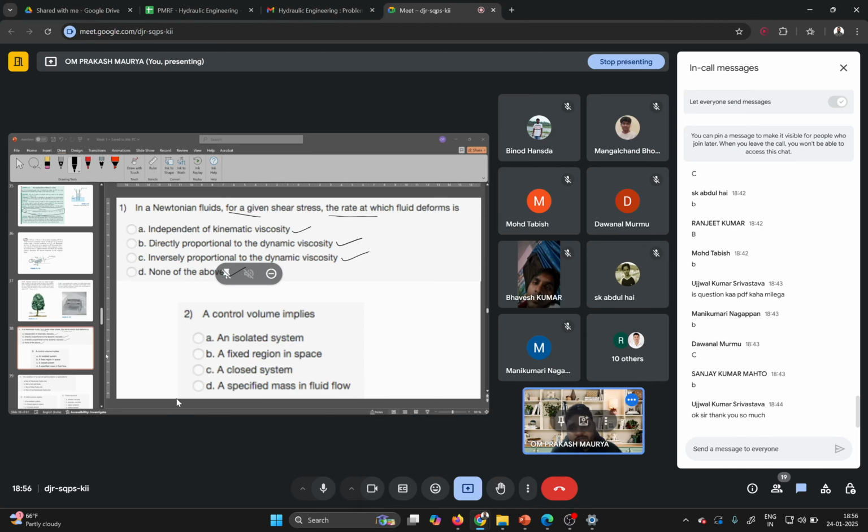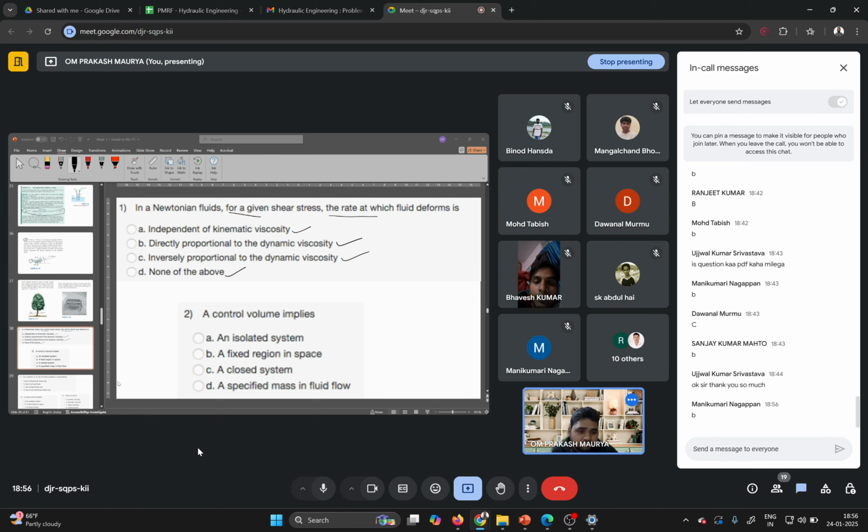So which option is correct for the first question? Okay, option B, everyone is telling. Directly proportional to the dynamic viscosity. For a given shear stress, the value is already given to you.